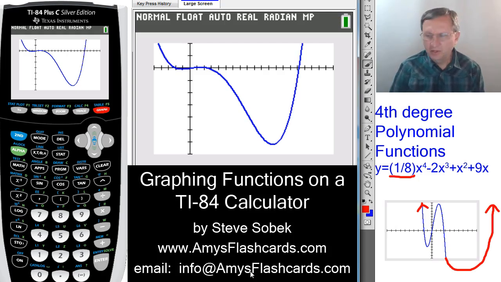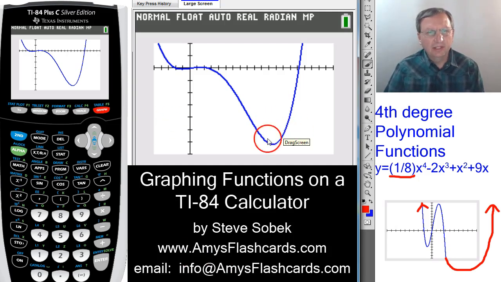All right, now that's a decent viewing window. We could see where it bottoms out if we want to find that minimum point, and of course we do all that in another video. Finding the x-intercepts, that's all in videos to come.